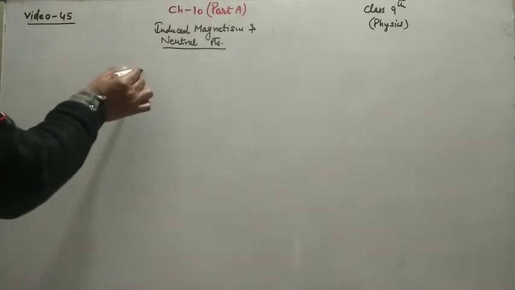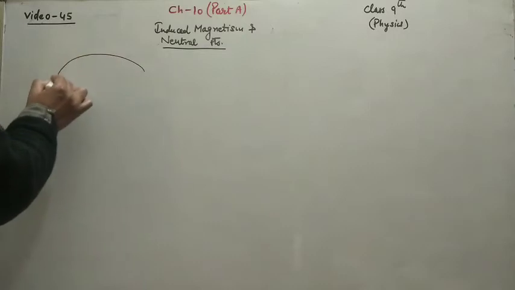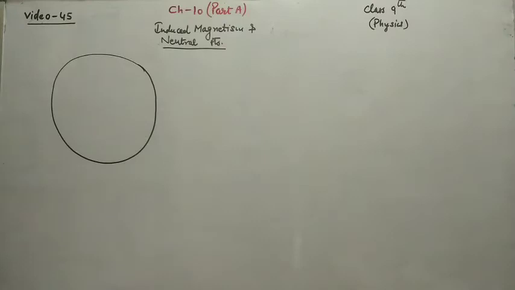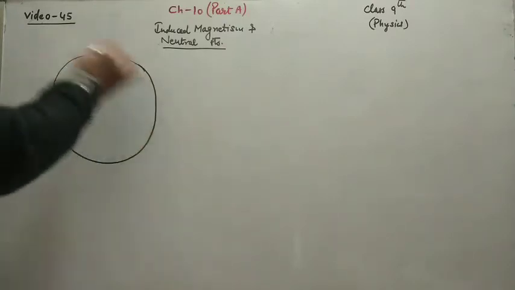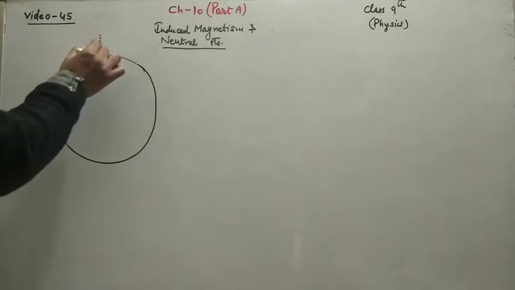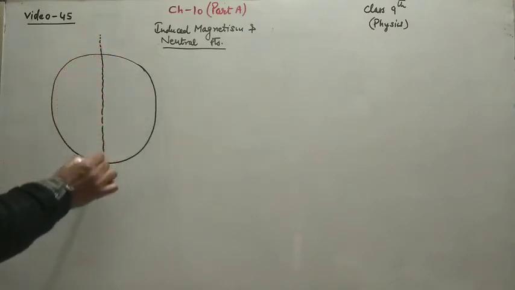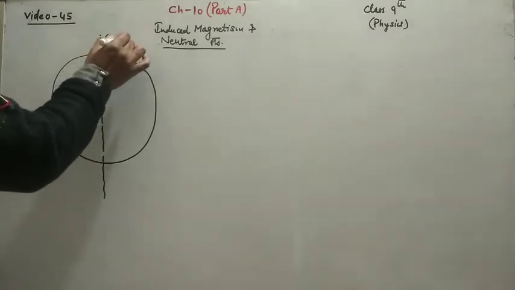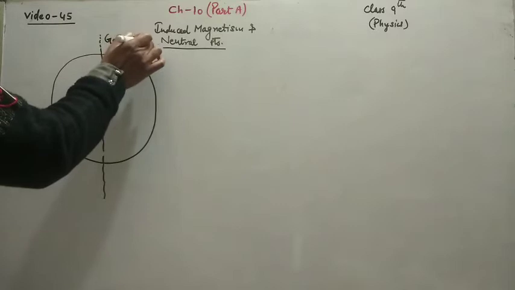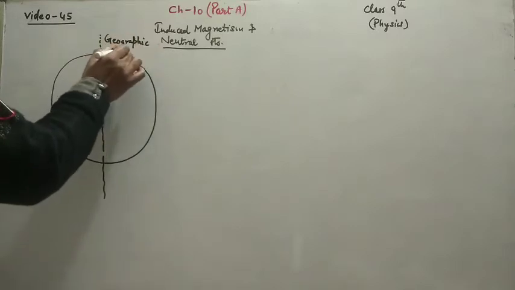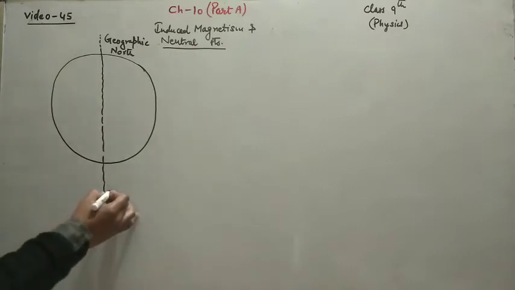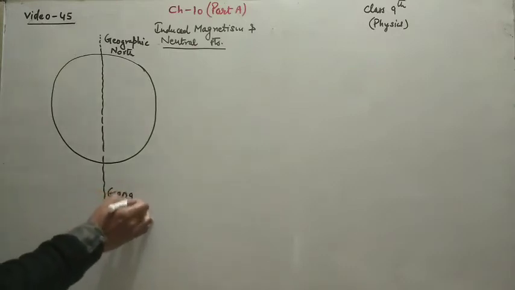So with the diagram I will explain to you. Suppose this is a circle representing the Earth's shape, and here is the geographic axis. This is the geographic north, and to this side we will have the geographic south pole.